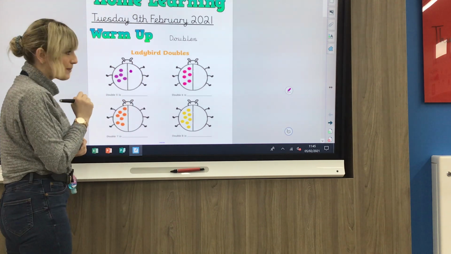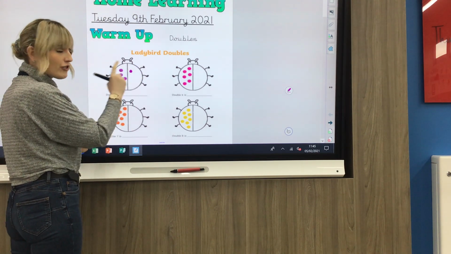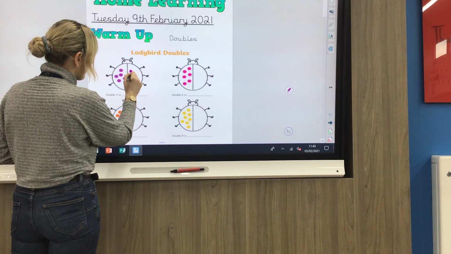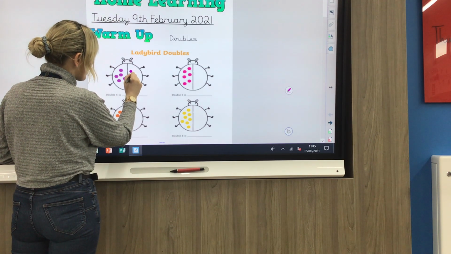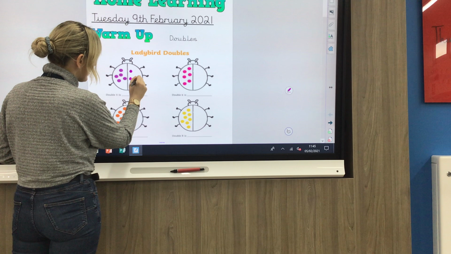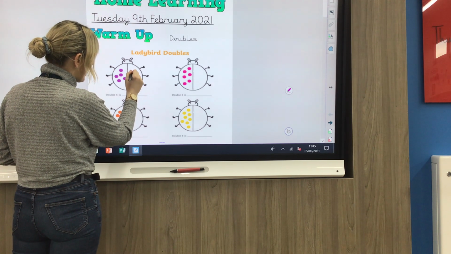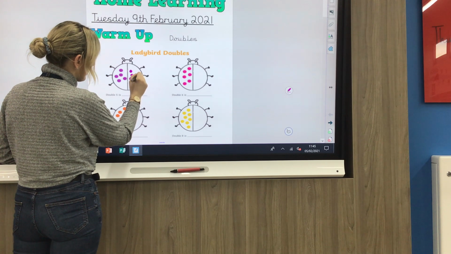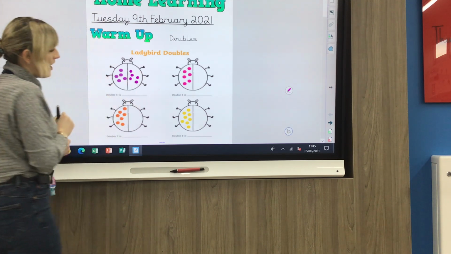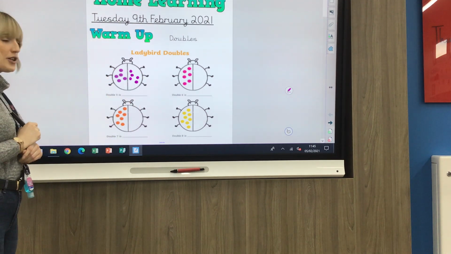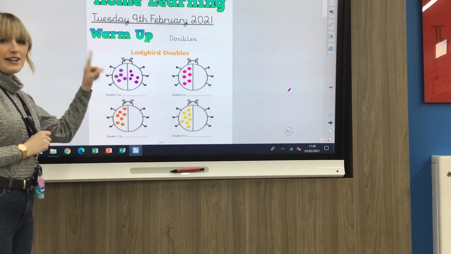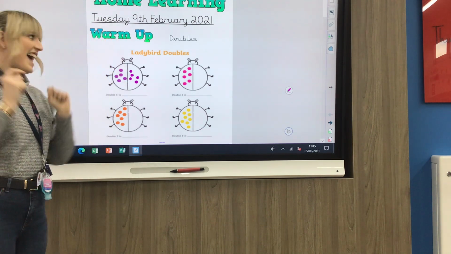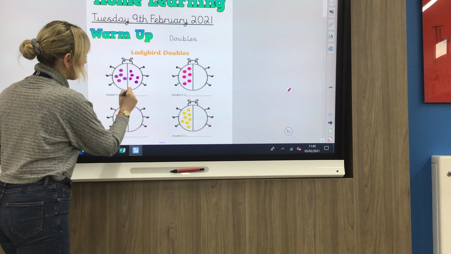I'm going to try as well to make it symmetrical so that the spots are in the same place on each side and it's a mirror image, it's reflected. Like that, look. Okay, so double 5. 5 add 5 is 10. I'm sure we all knew that one.